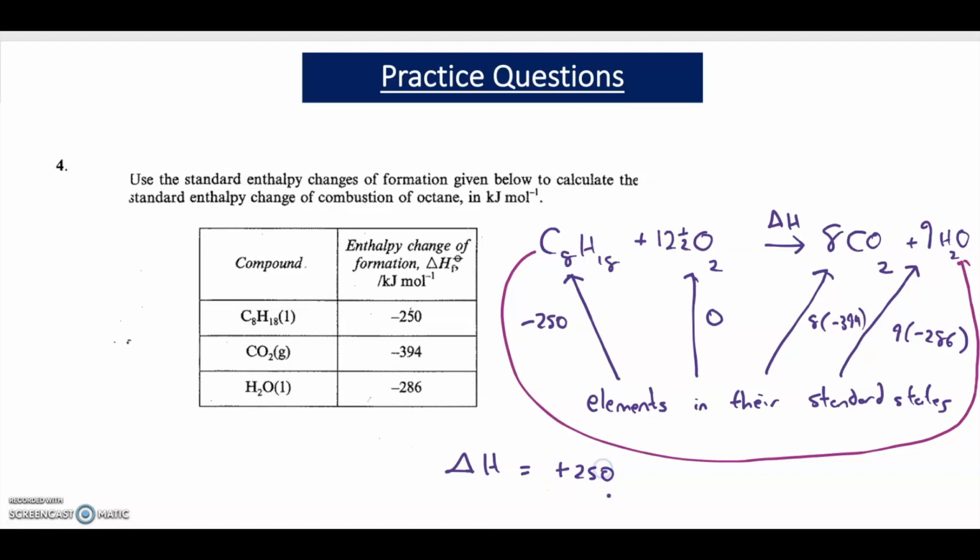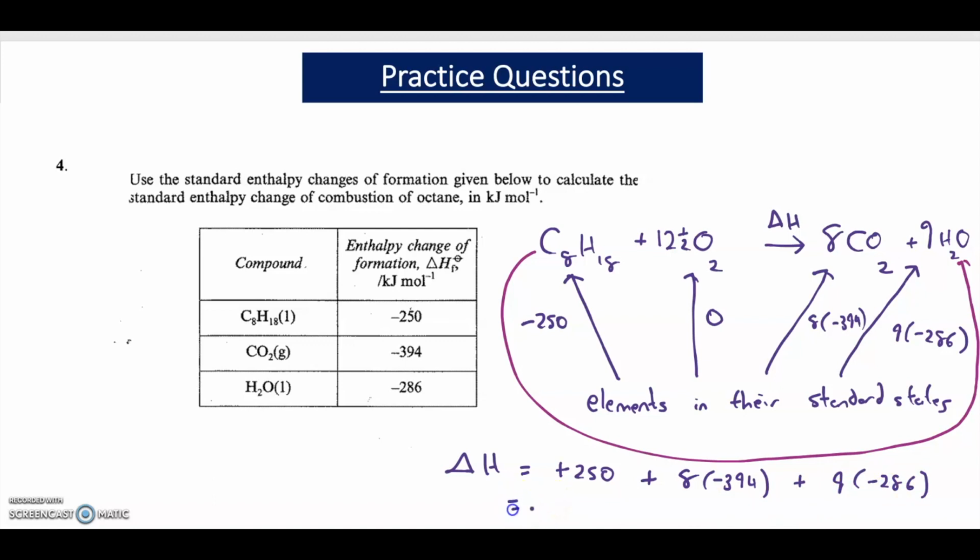I want to go the opposite way, so it's plus 250. And then the other 2 arrows are in the same direction I want to go, so I'm going to add these together. So it'd be 8 lots of minus 394 added to 9 lots of minus 286.